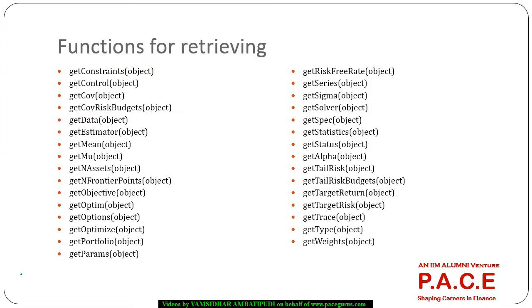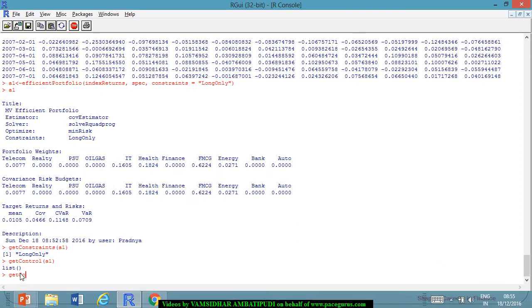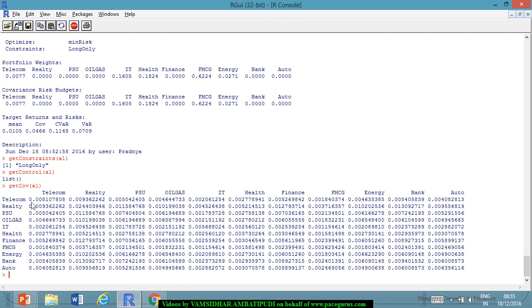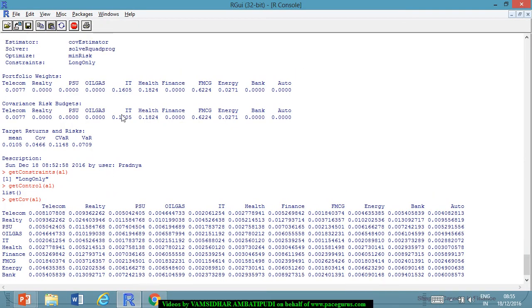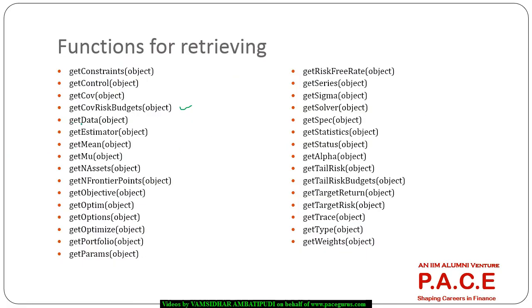There are no specific controls that we have given. But if I say get covariance of A1, an important one, we are getting a variance covariance matrix altogether. That's an important thing for us to consider for various aspects. We can look at the covariance matrix. We can say get covariance risk budgets, which is what these things out here are.